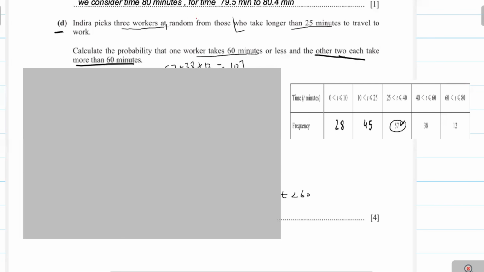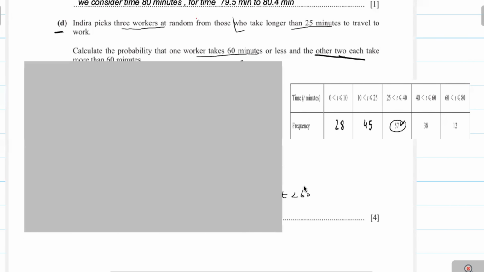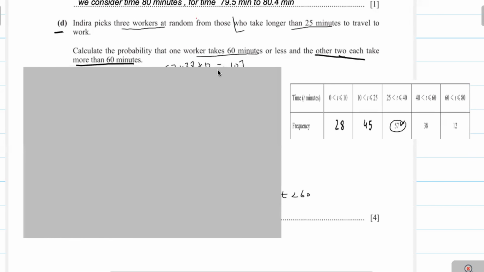Part D: Indra picks 3 workers at random from those who take longer than 25 minutes to travel to work. Calculate the probability that one worker takes 60 minutes or less, and the other two each take more than 60 minutes. Firstly, we see how many workers take longer than 25 minutes.